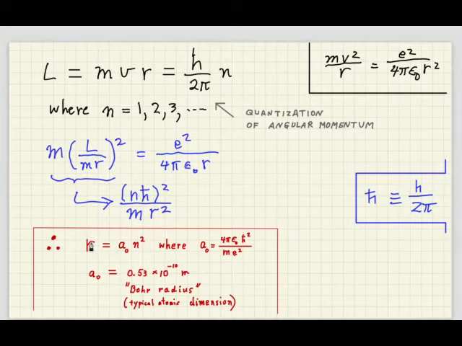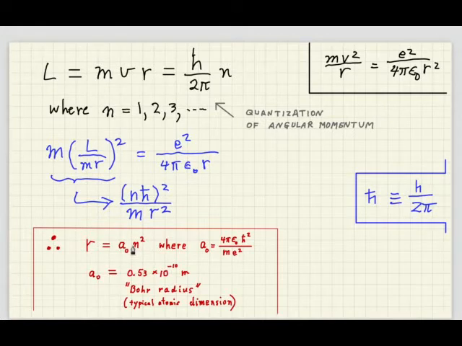So the radius of this little electron orbit can be a0, that corresponds to n equal 1, or 4a0, that's n equal 2, or 9a0, that's n equals 3, 16a0.